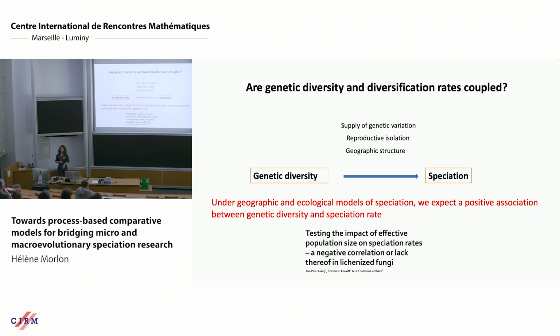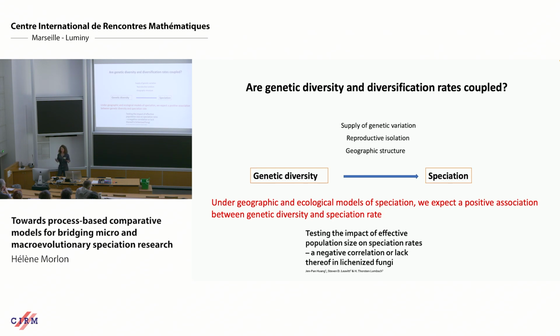Our initial hypothesis was that genetic diversity is what supplies the genetic variation on which selection can act to generate speciation. It can be positively correlated with reproductive isolation or with geographic structure. So we thought that we should see a positive correlation between genetic diversity and speciation rates.